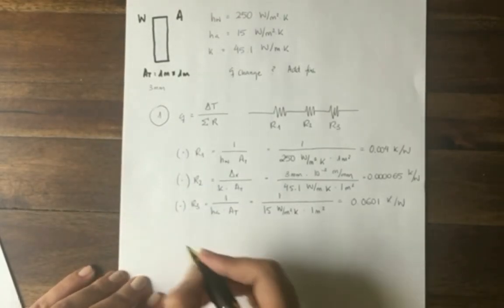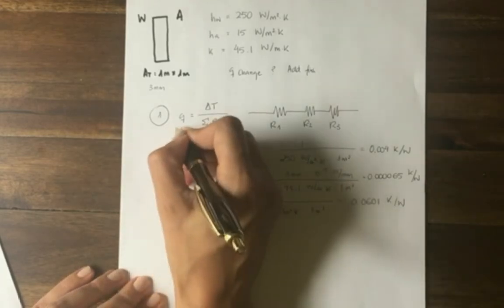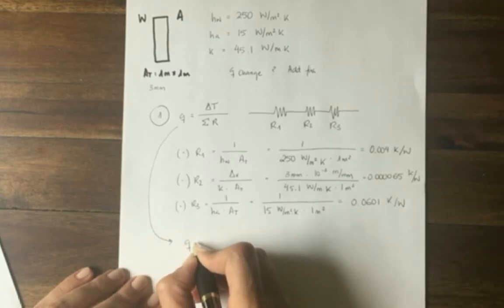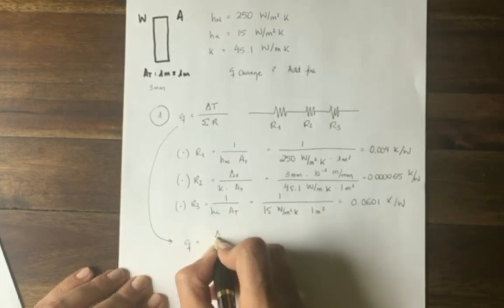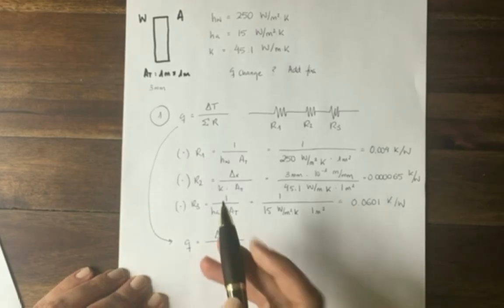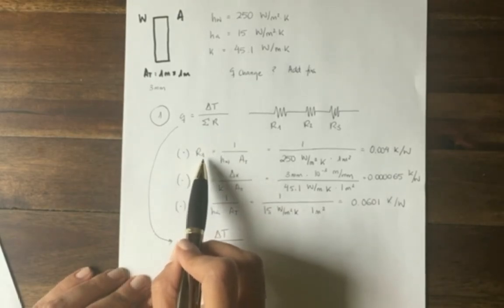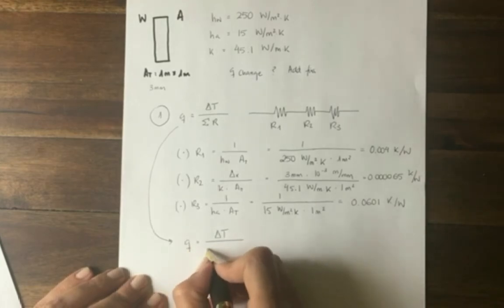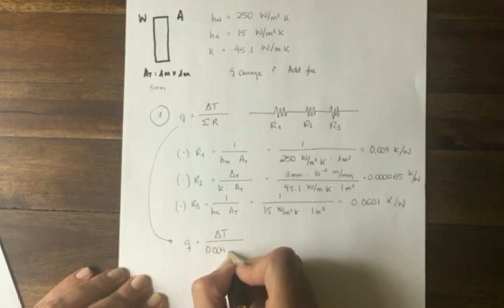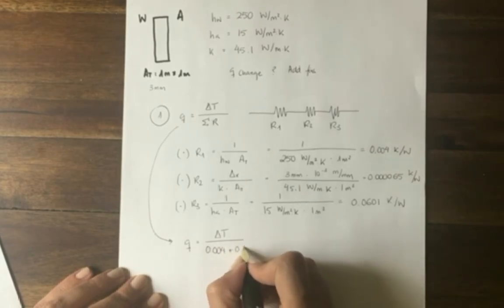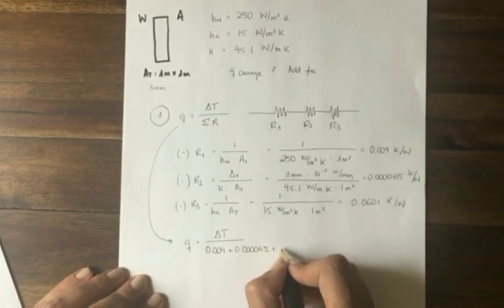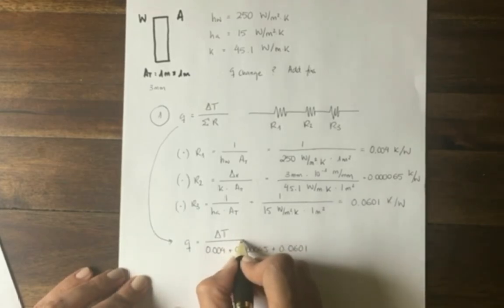So the heat transfer, using this formula here, heat rate is equal to delta T over the sum of the different resistances 1, 2, and 3. So the heat rate is equal to delta T over 0.004 plus 0.1234065 plus 0.0601.